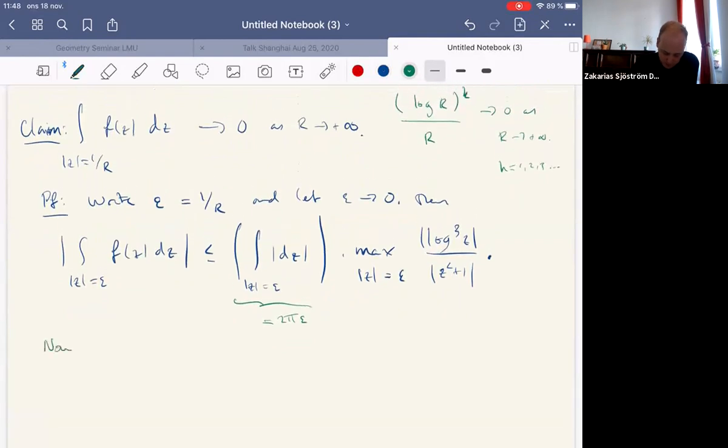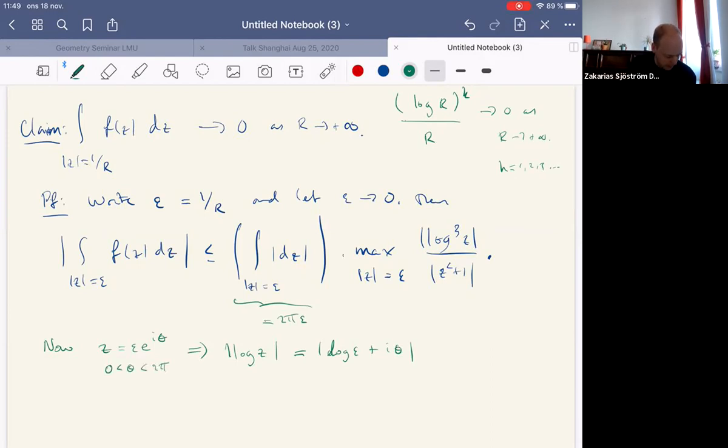So you have this, and now we want to see what are these two things. So first of all, this is obviously 2 pi epsilon, and to see the second thing, we do the following estimate. So now, if z is equal to this, so it's always of this form on the small circle. So this implies that the absolute value of log z is equal to the absolute value of log epsilon plus i theta, and theta is between 0 and 2 pi.